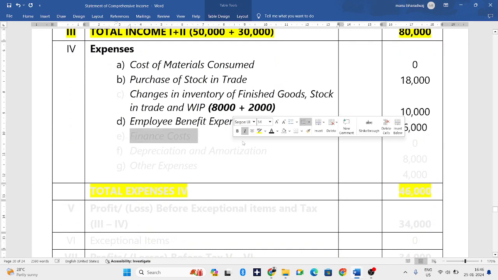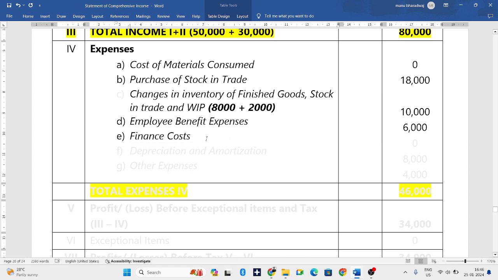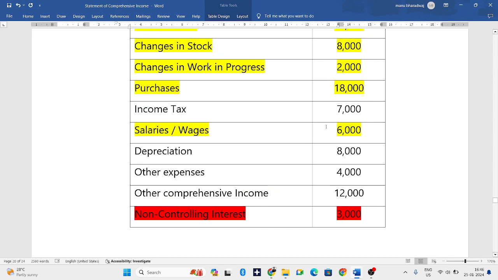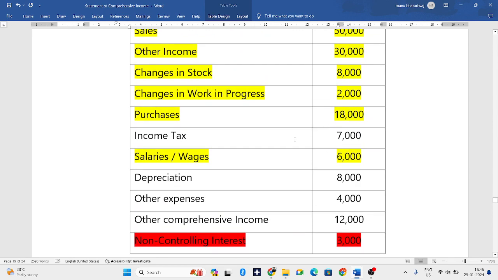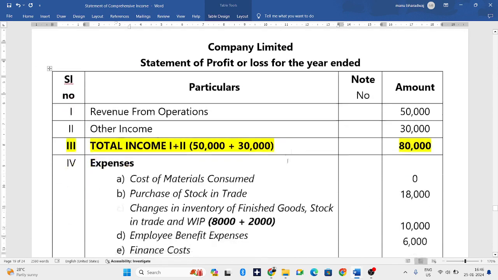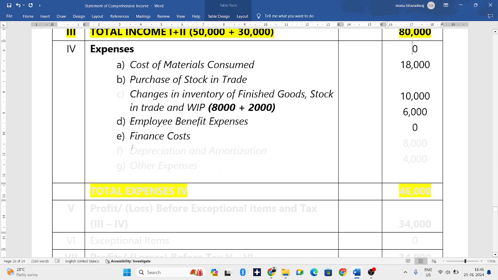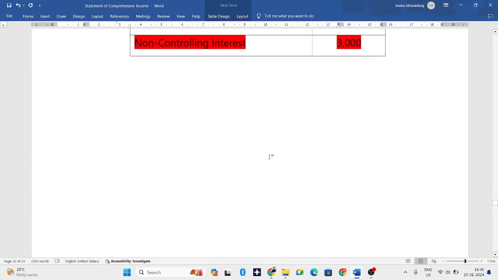Next, we have finance costs. Check in the question, any interest on debentures, interest on loan do we have? We don't have any such, so it will be again 0. Next, check whether we have depreciation or amortization.